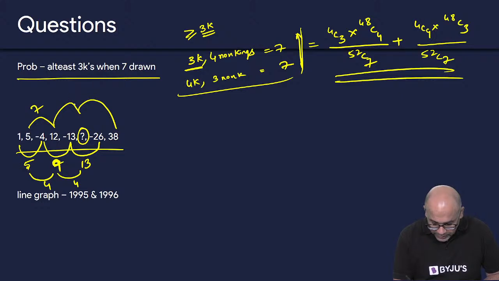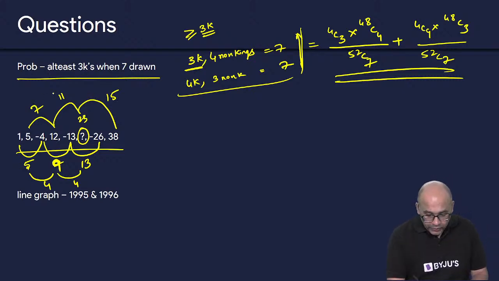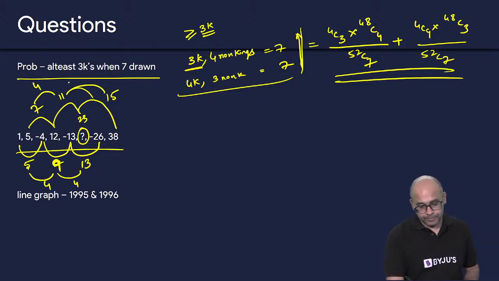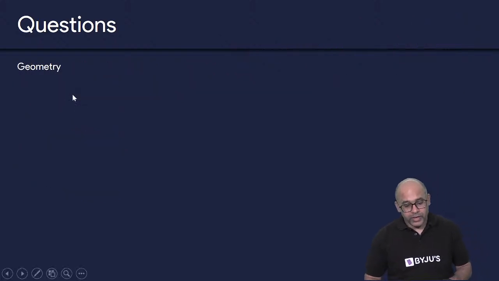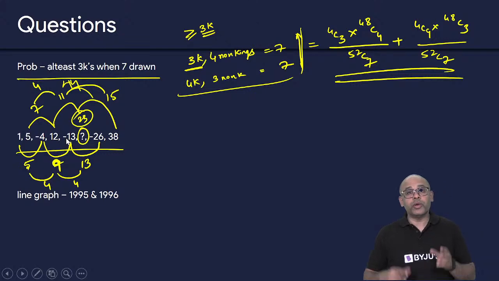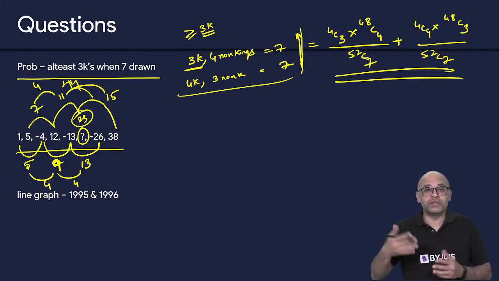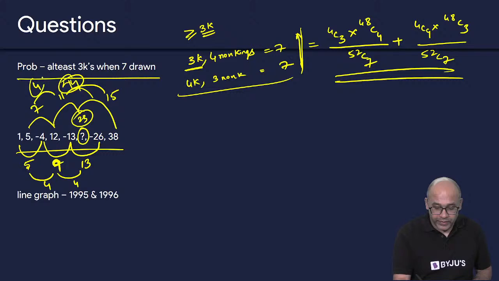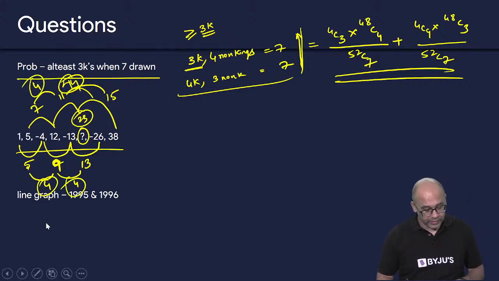So this should be 11. The difference should be 11 here, so 12 plus 11 is 23. So 23 to 38, the difference is 15. Yes. Now if you notice, again the difference is 4, and again 4. So the correct answer in that case should be 23. You're basically looking at the difference of differences being equal. Here the difference of difference is 4, 4 and 4 everywhere.